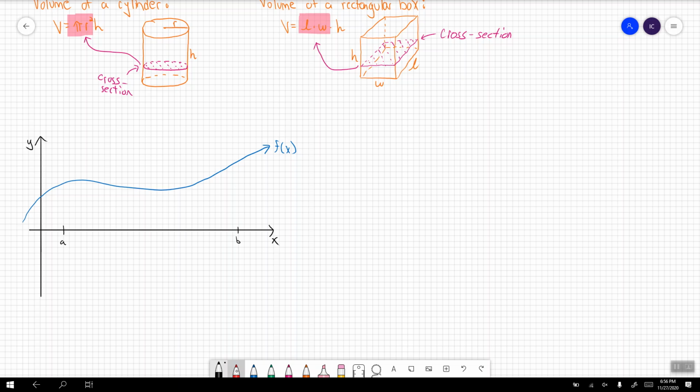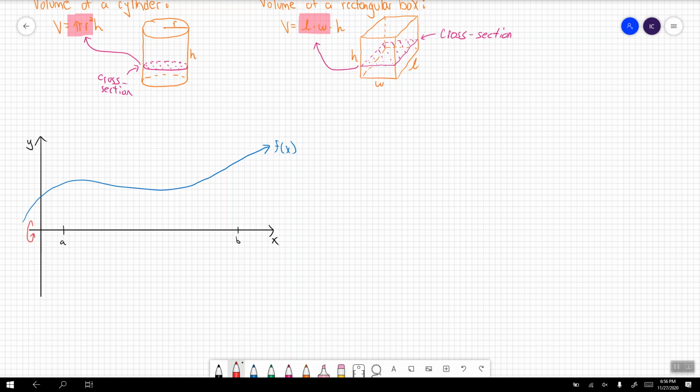Now, what we're also going to do is we're going to take this function and we're going to revolve this function about the x-axis. In other words, we're going to rotate this function around the x-axis.